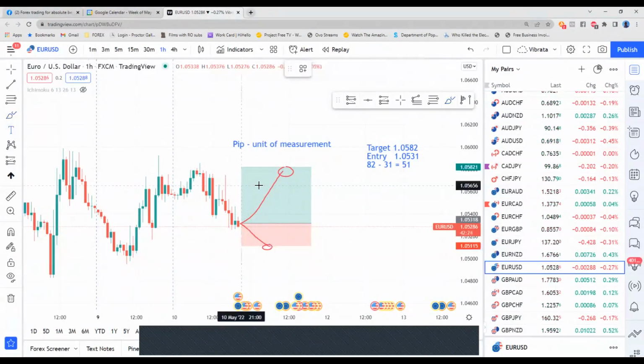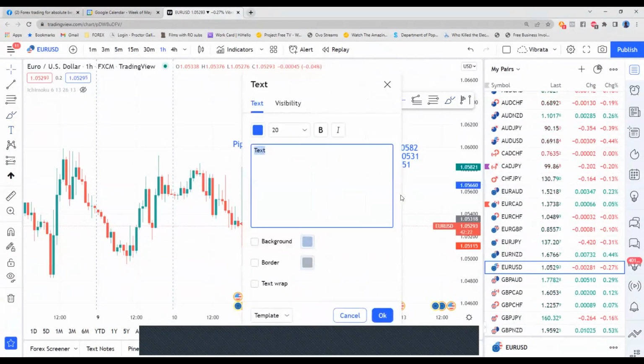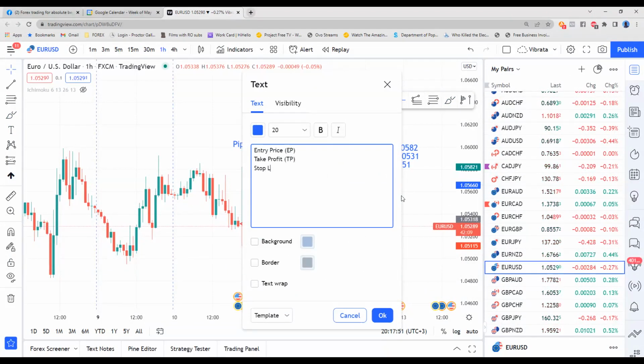So here are some important terms for you to take note of. Entry price, which I'll refer to as EP, take profit, TP, and stop loss, SL.